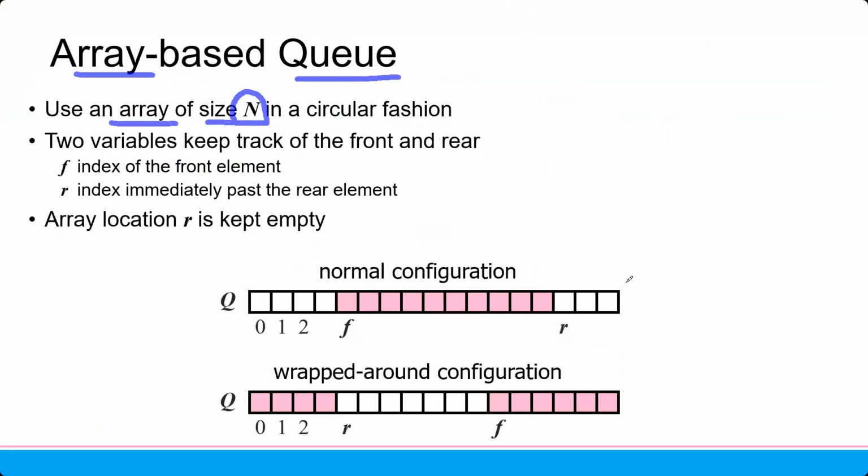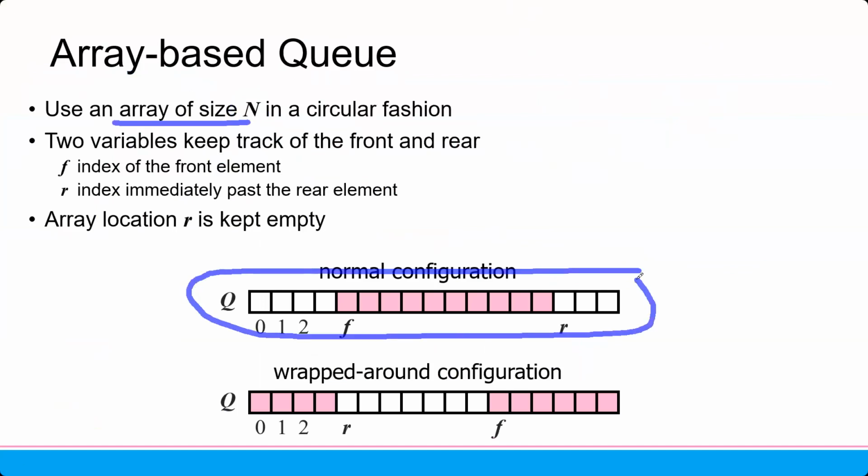If we want to expand, we can add more space, or if we want to remove, then we can remove some space. So we have an array, and let's say this is an array with n size.